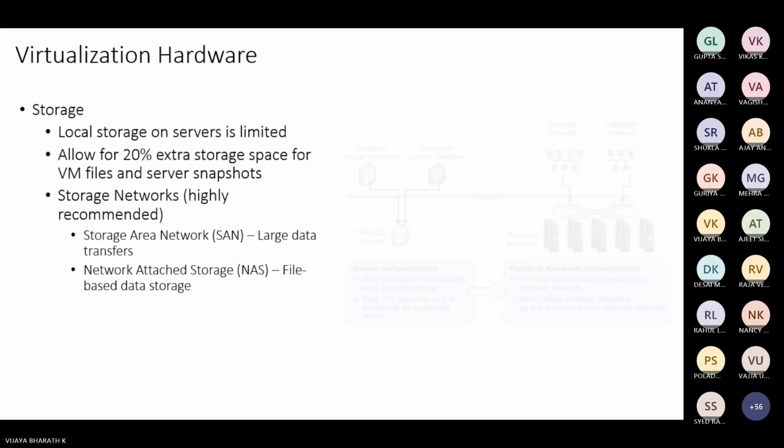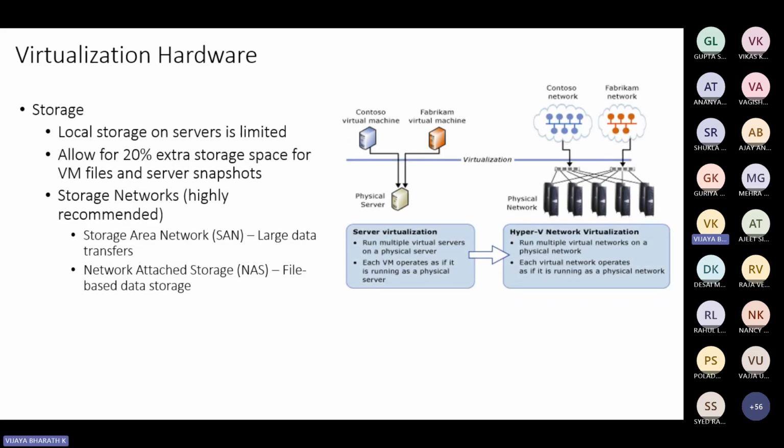Next is storage. Storage is one of the important parts. Local storage on servers is limited, as you'll know. It allows 20% extra storage space for VM files and server snapshots. Storage networks are highly recommended for building data centers, especially with the cloud.